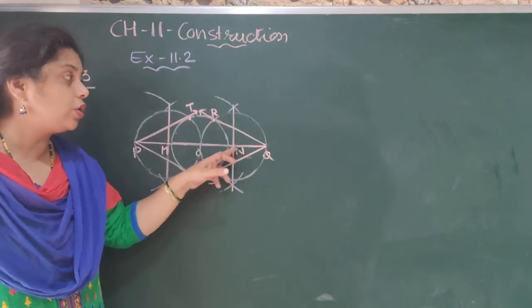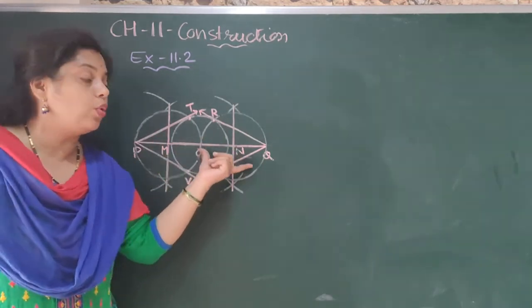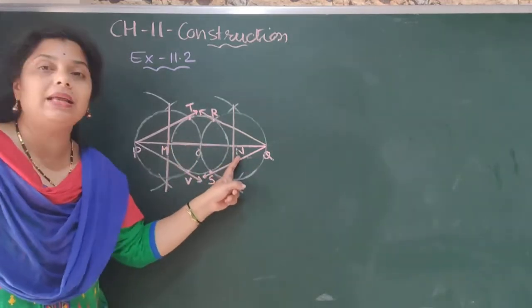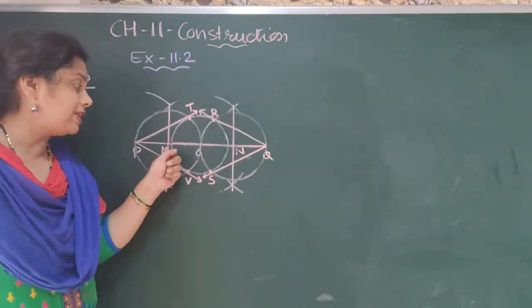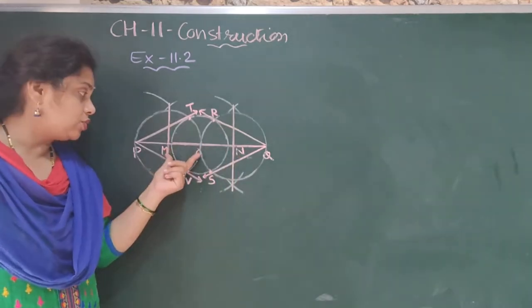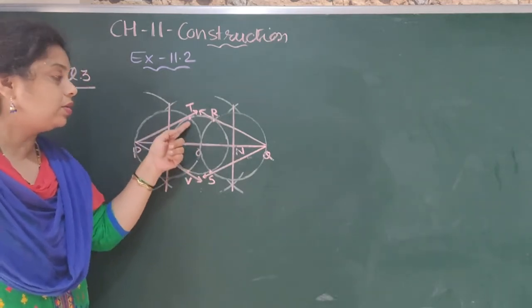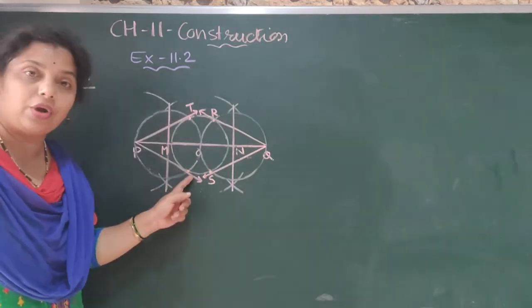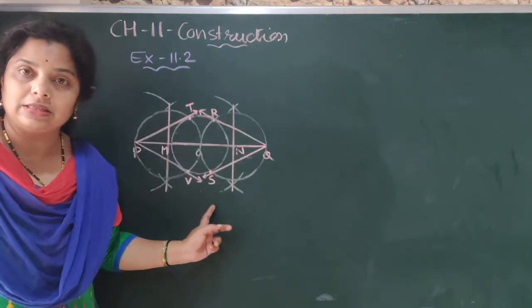Third step, draw the perpendicular bisector of OP and OQ, which will give the midpoints M and N respectively. Next, with center M and radius OM or PM, draw a circle which intersects the original circle in two distinct points. Now join the points to make a tangent.